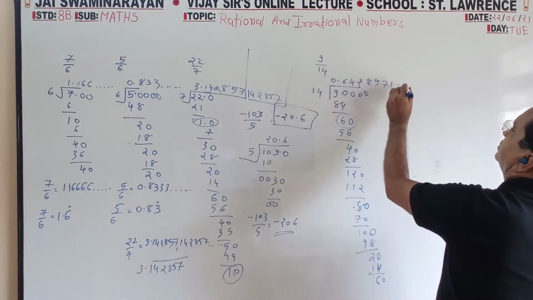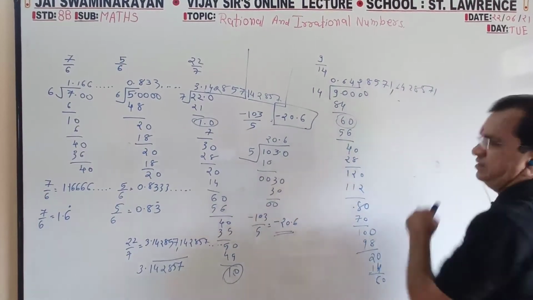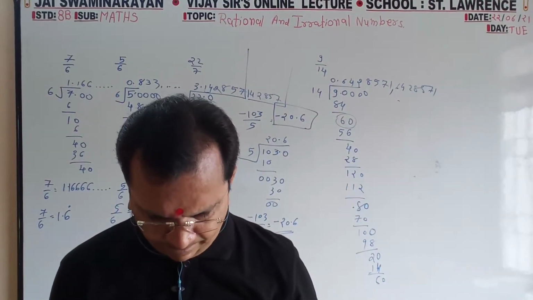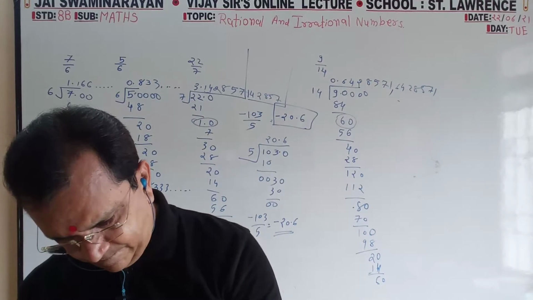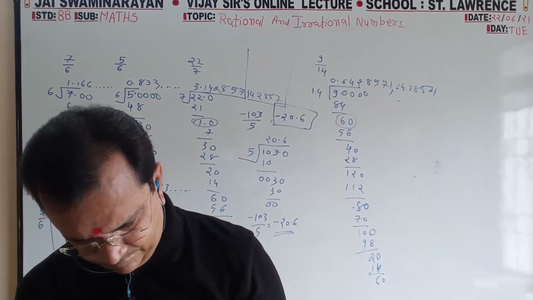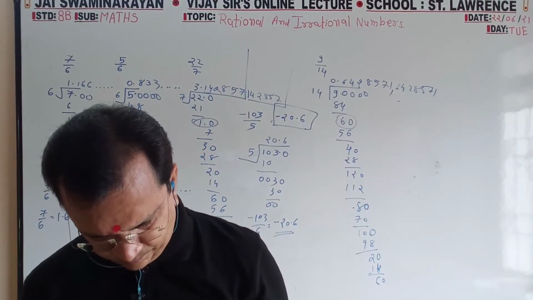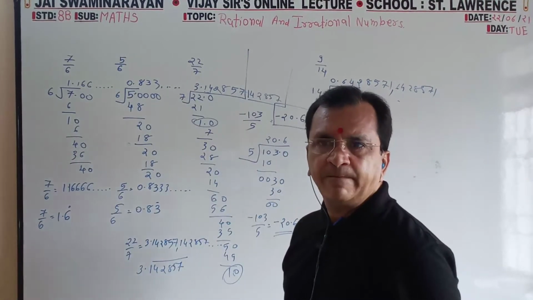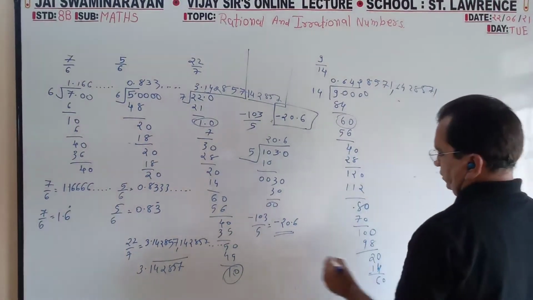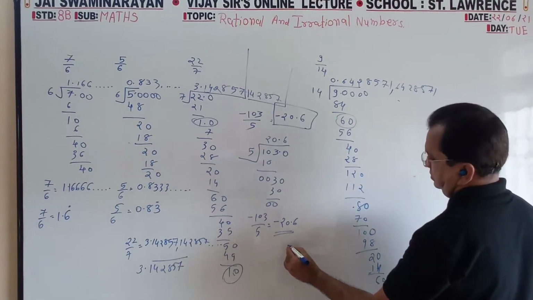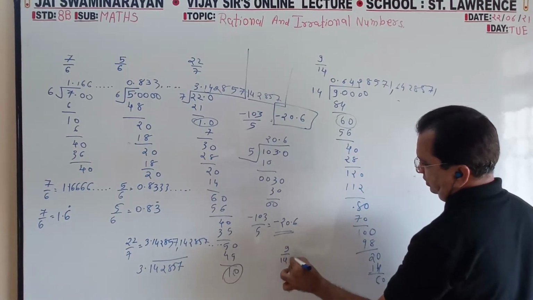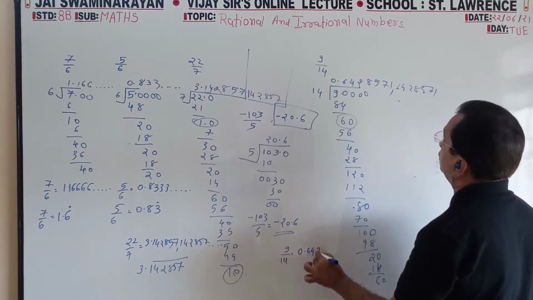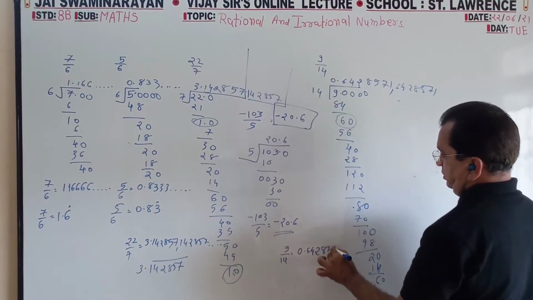So again it will be 6 4 2 8 5 7 1. So what is the answer? 9 by 14 is 0.6428571.